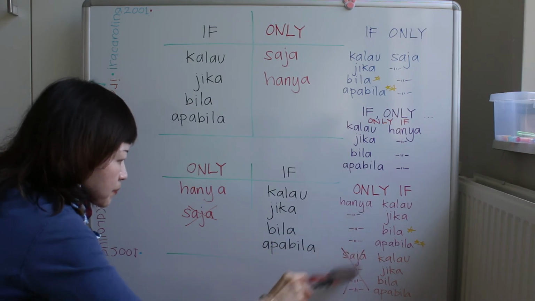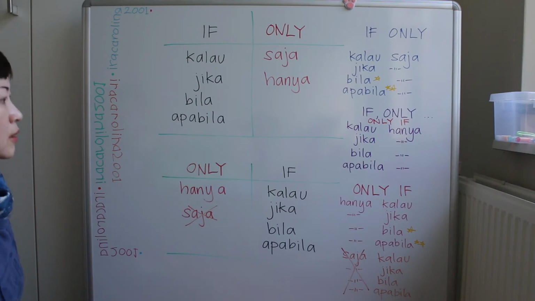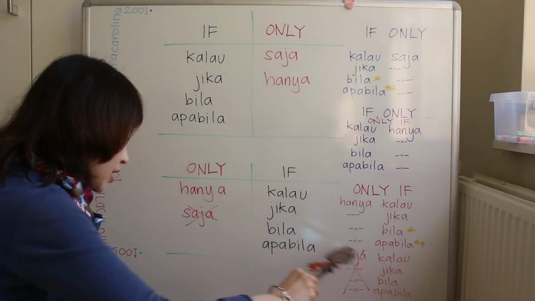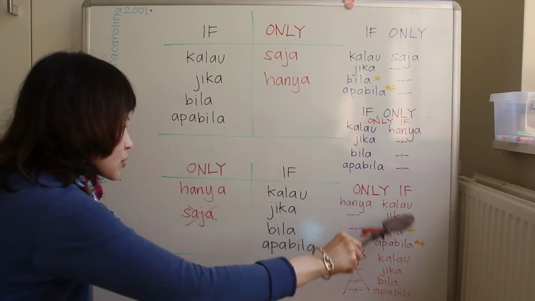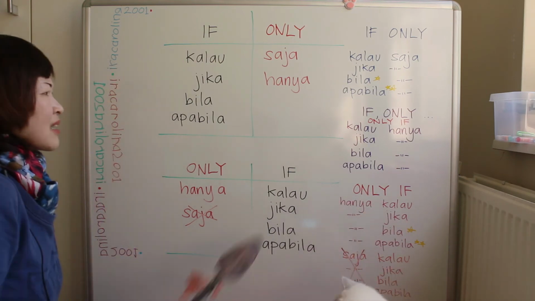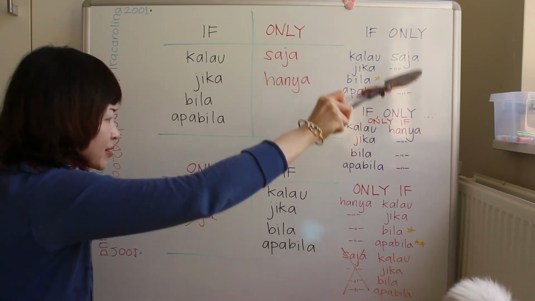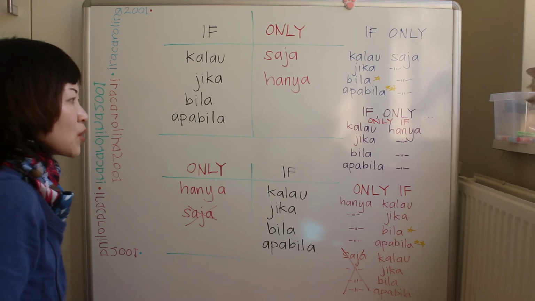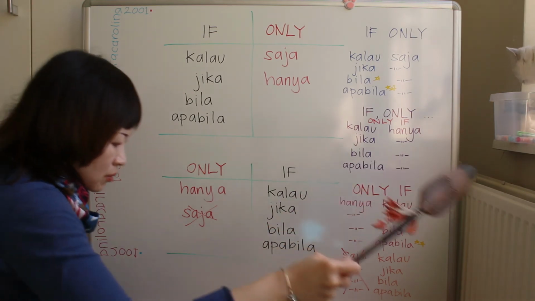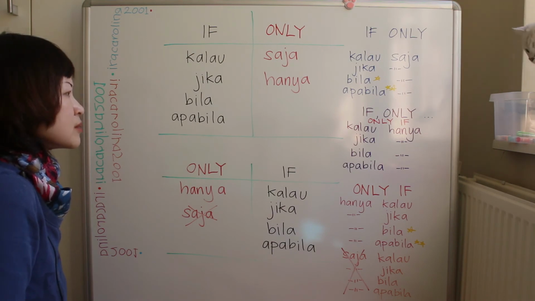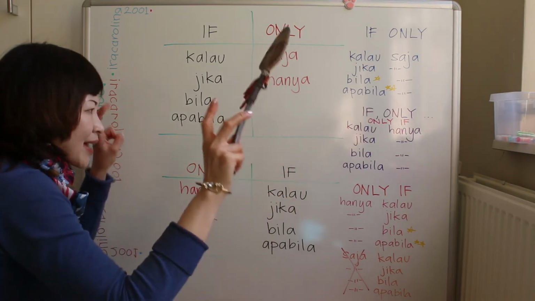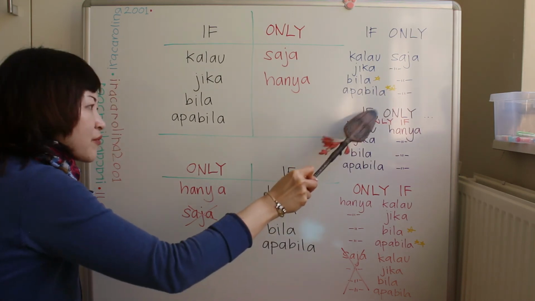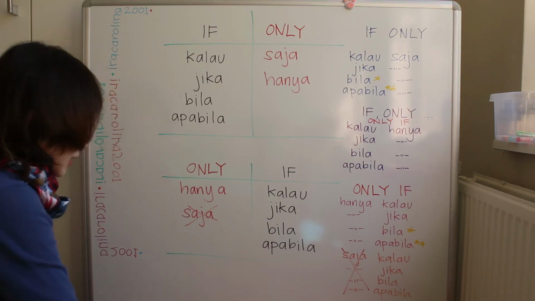We cannot use saja. Again, this is the really correct one if you want to say only if. These are the correct ways to say if only. This one, if you want to say if only blah blah blah, conditional, can be only if, a bit, only if-ish, more into if only something as a conditional.